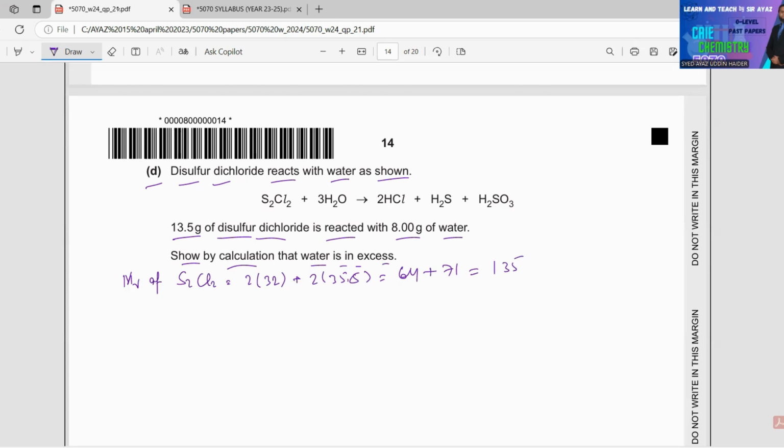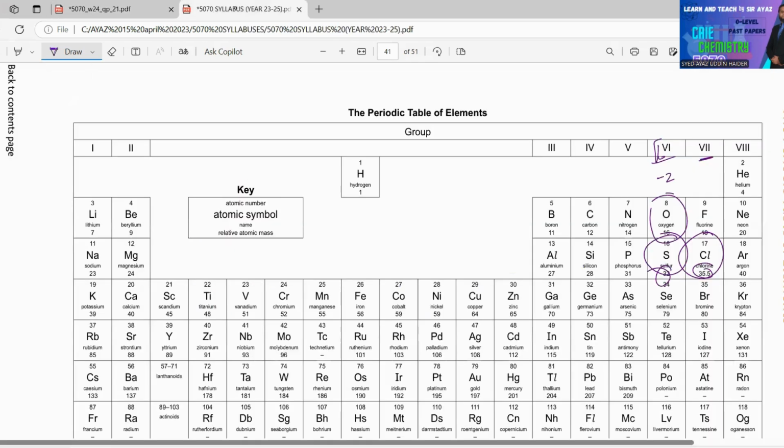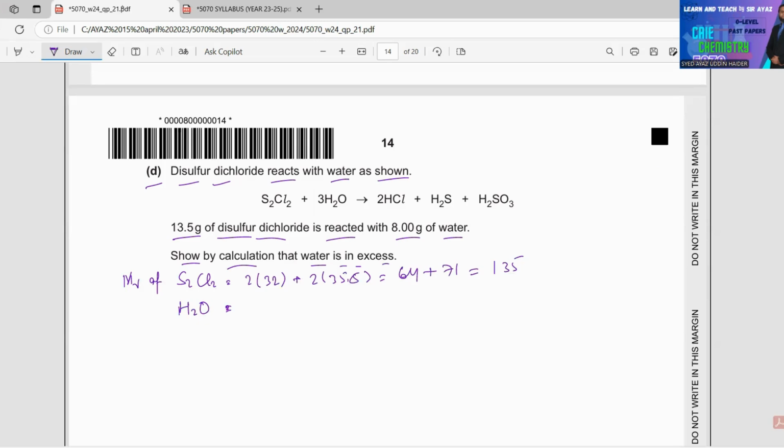What about H2O? It's very easy. Oxygen, group 6. 16 is the mass number, hydrogen is 1. So 2 multiplied by 1 plus 16, we'll get 18.